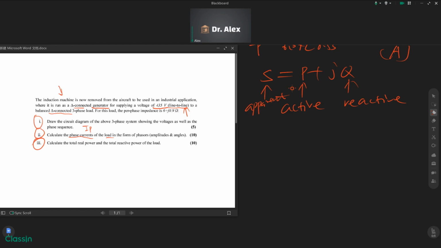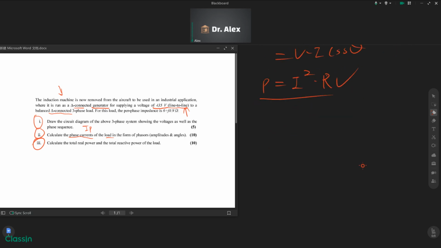If we want the value of active or real power, we can basically use two equations. The first one is P equals S times cosine theta, which is VI cosine theta. Another equation is I squared times R. In this question, we will use this one.